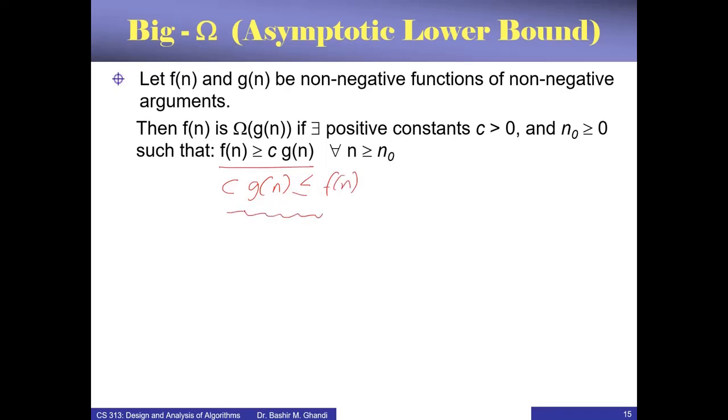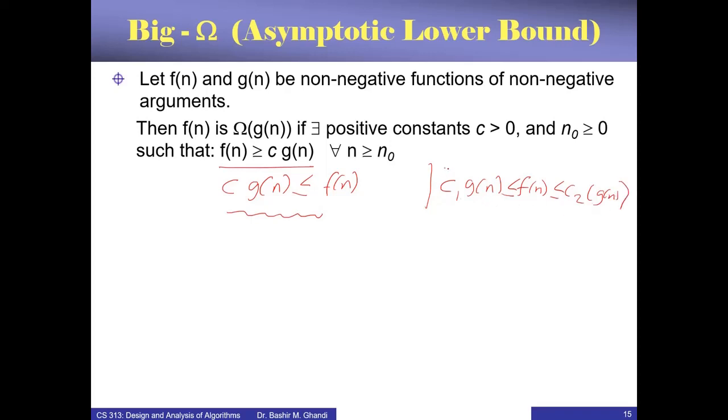So clearly this shows you that in this case we are only concerned about the left inequality. If you compare this with the theta, we were having C1Gn is less than or equal to Fn, and that is less than or equal to C2Gn.